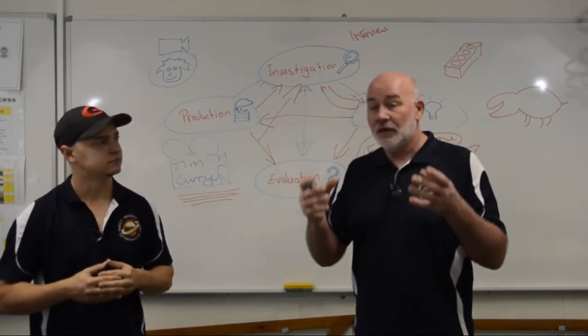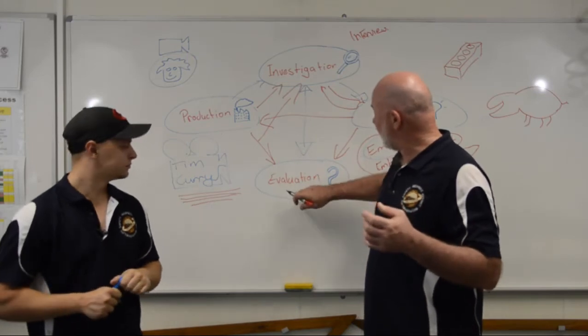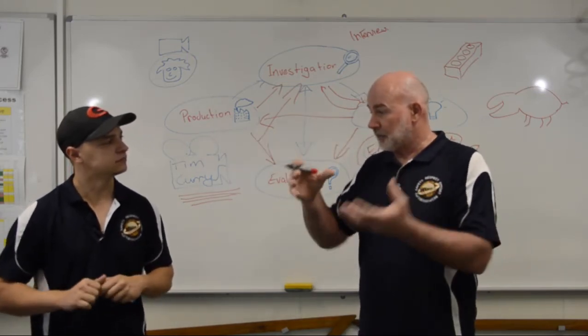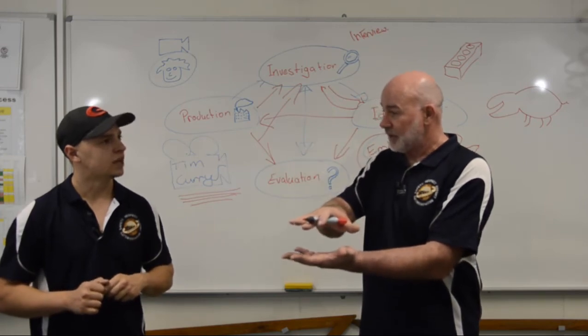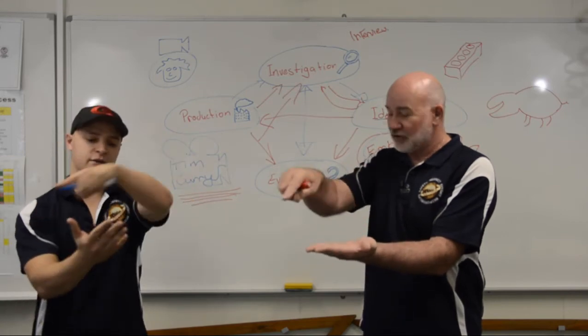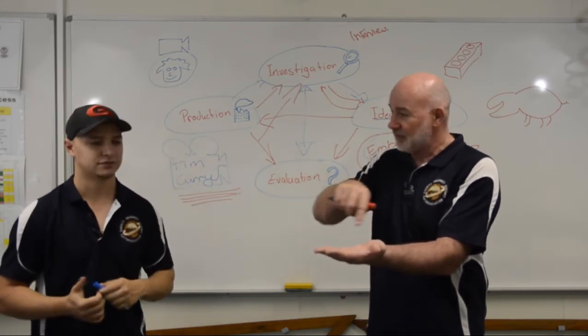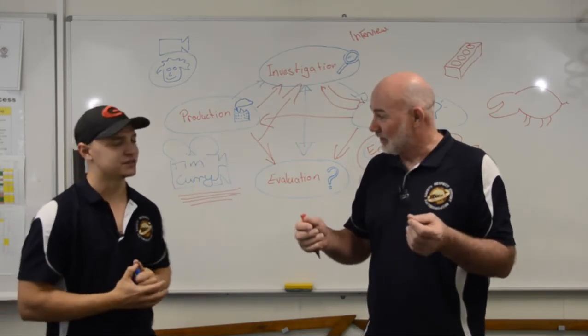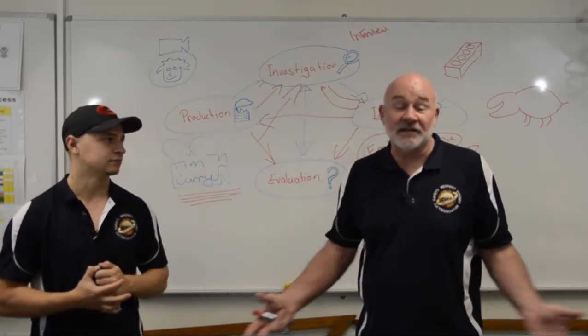So again, back to evaluation and production. Will we be able to put the image over the name? I guess if you use two pieces, a piece of acrylic over the top, and you cut it out with the router, you can put the image in. So there's lots of stuff that you can do, but it's starting to get a bit more difficult.